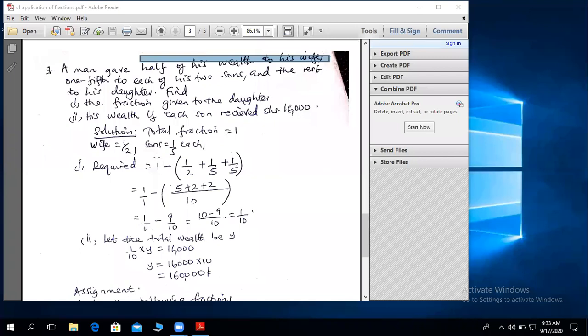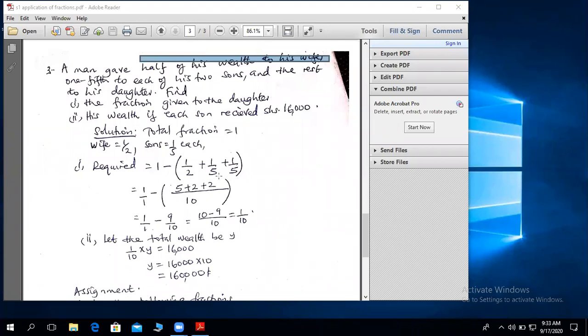So the whole fraction is 1. So we shall get 1, and we subtract the total of what the other ones have gotten. A half is for the wife, then the 2 sons are getting 1 out of 5 each.